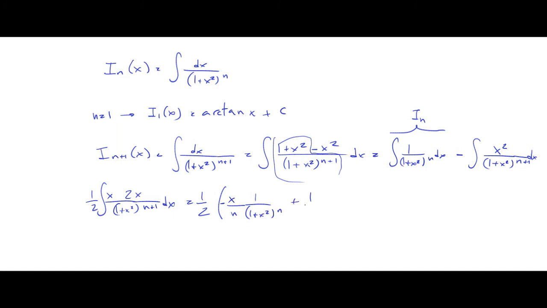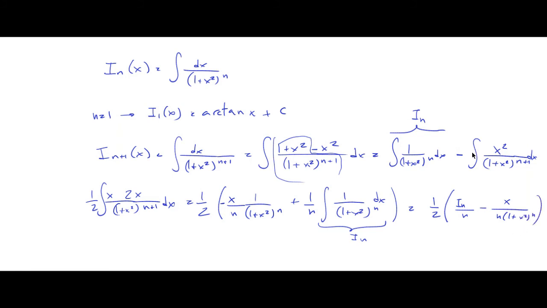And then plus 1 over n times the integral of 1 over (1 plus x squared) to the n, and the derivative of x, which is 1, dx. But then again, this is I_n. So this is 1/2 of I_n divided by n, minus x divided by n times (1 plus x squared) to the n.